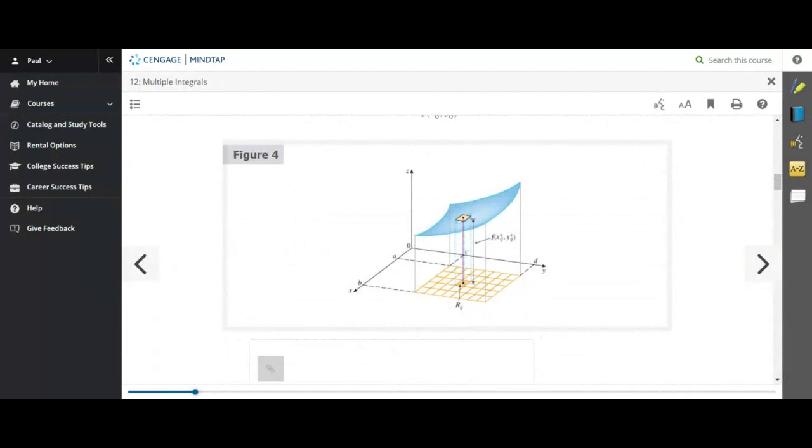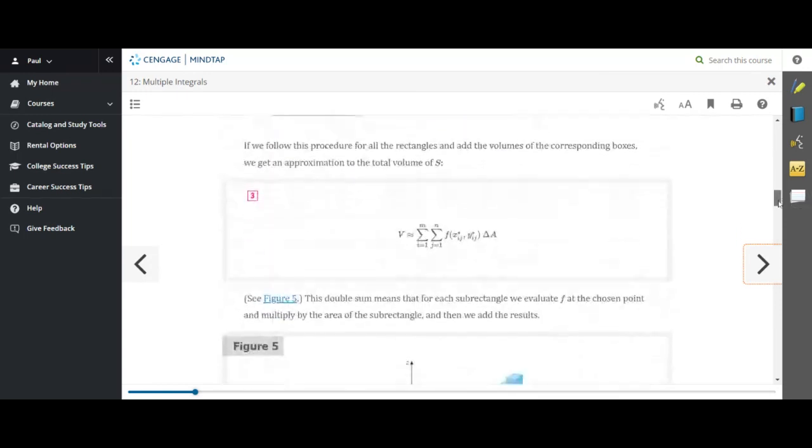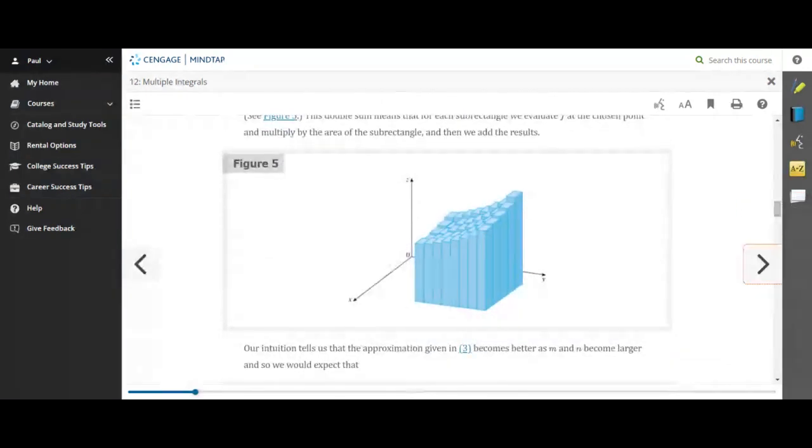Every little subrectangle has a block that goes with it, and we bring it up to the surface, and if we add up the volumes of all the little blocks, we can approximate the volume underneath the surface, and that's what you see here in figure 5.